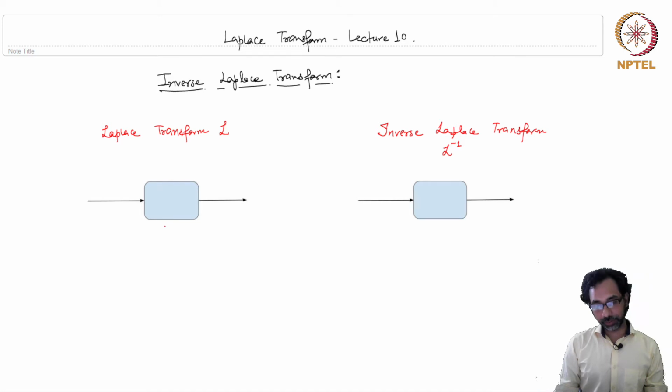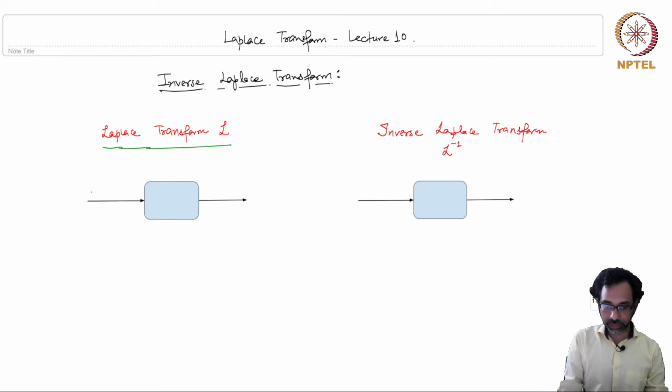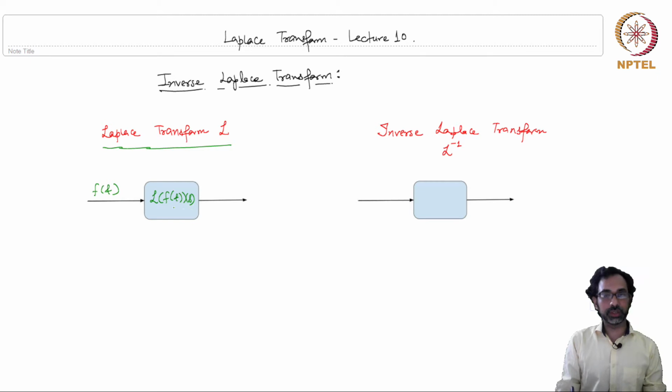So remember that the Laplace transform was given by a transformation which took as input a function f(t), and this L transformation transforms this function f(t) and produces a function F(s).